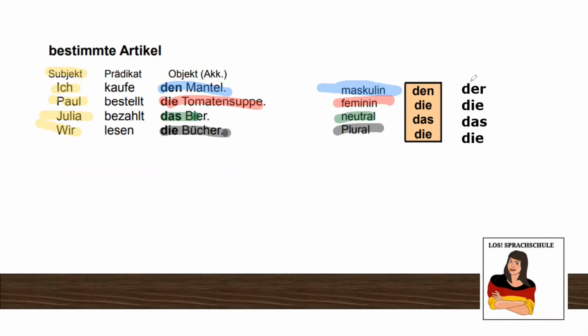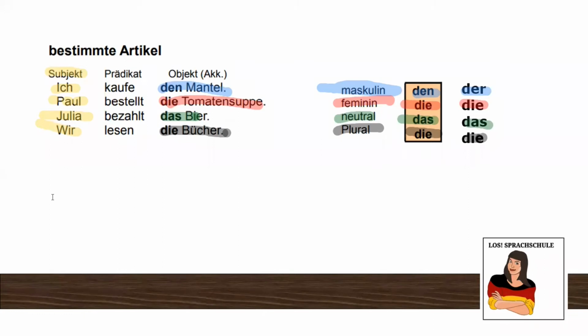The only thing that changes in this case is the male one. Der becomes den. Die stays die. Das stays das. Die stays die. This doesn't mean you don't have to learn if something is accusative, because it's not always the definite article.